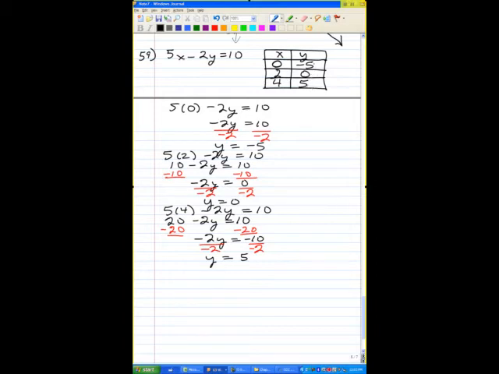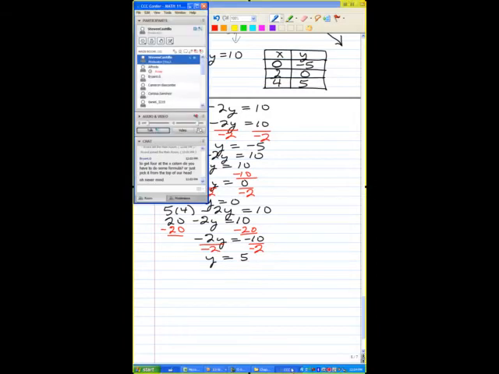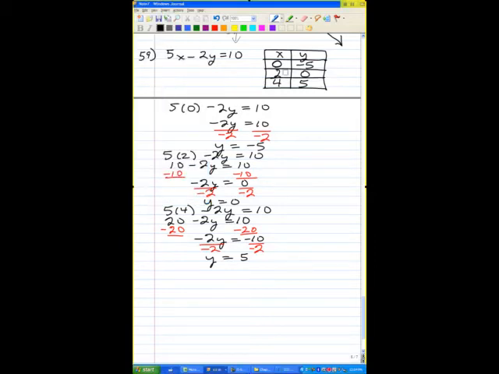You can only go a distance of 5 both above and below the y-intercept. Again, it's because there's a 2 in front of the y. So that's why you have to go 2 from the x.